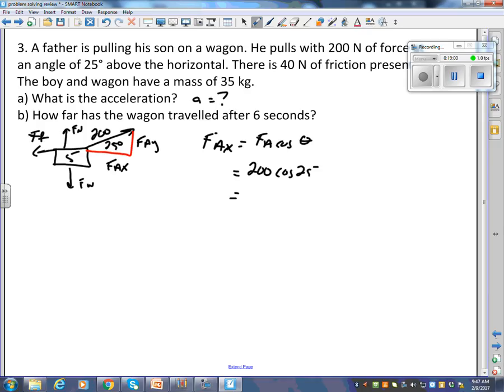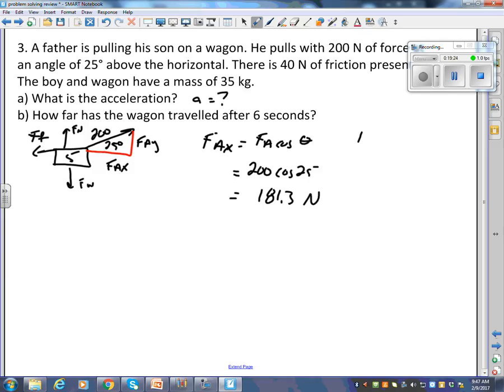Not enough solar power over here. 181.3. Okay, so what that means is of that 200 newtons, 181.3 is pulling it sideways.